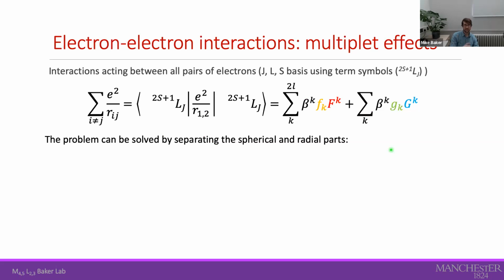First of all, let's consider electron-electron interactions, known as the multiplet effects. This was the term that I showed on the previous slide, and really what this is considering is the interaction between pairs of electrons, where we can consider this as a matrix where we label the pairs of electrons in accordance with their symmetry using term symbols.